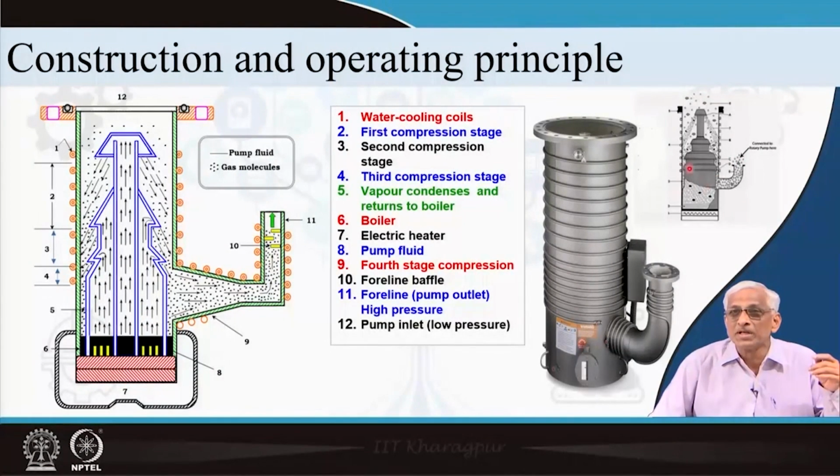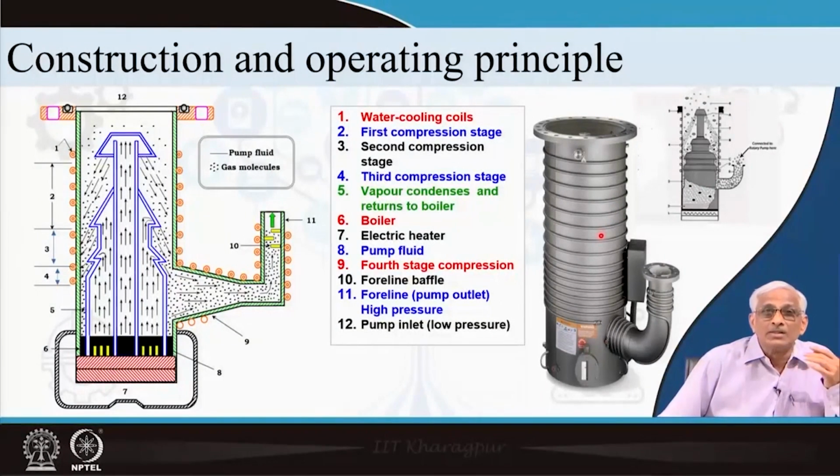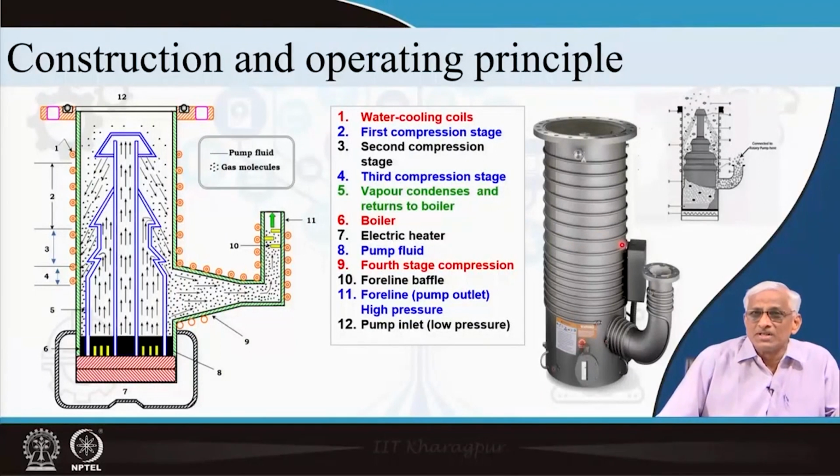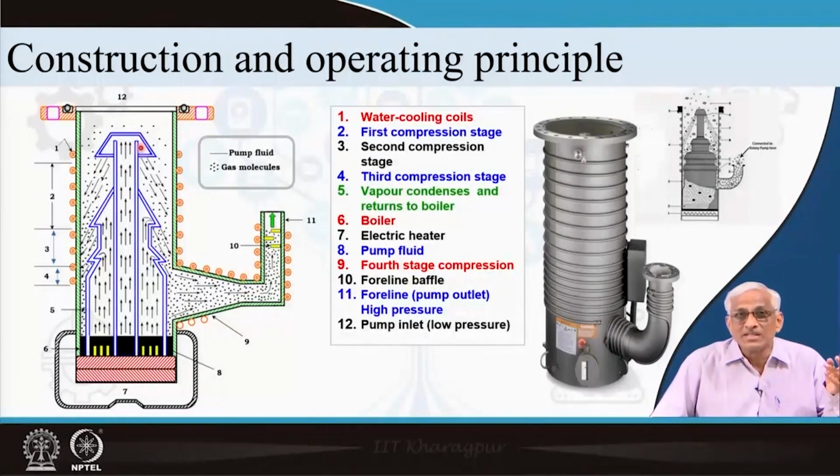The jet is shown here and the cylinder is shown here. These are the actual figures I have taken from a labeled manual, and this is a very well established pump by itself. This jet is not vacuum tight or anything, because it is within the chamber, it is kept like this.